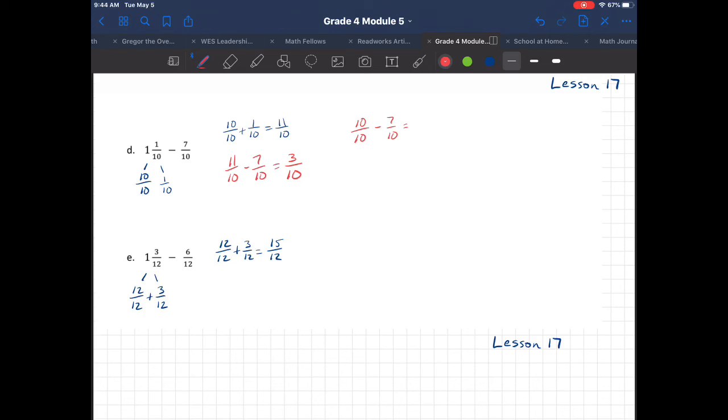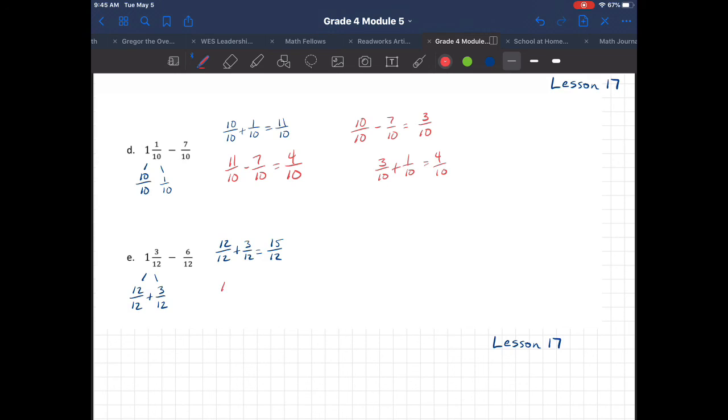Hold on. 11 minus 7 is 4. And here we'd get 3 tenths. And then we'd put the 1 tenth back on and get 4 tenths.